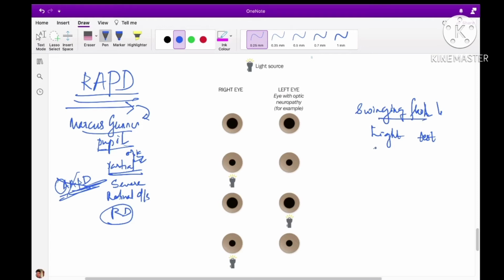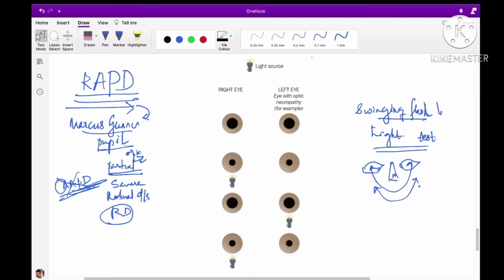Swinging flashlight test. So what do we do? The light stimulus is alternatively shown on both eyes, that is swung between both the eyes, right? So that is what you call the swinging flashlight test.